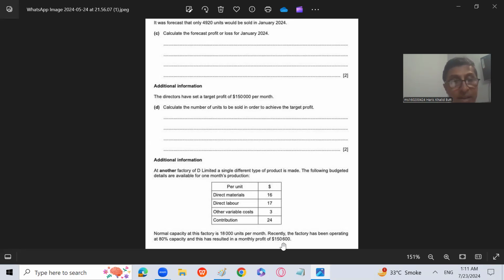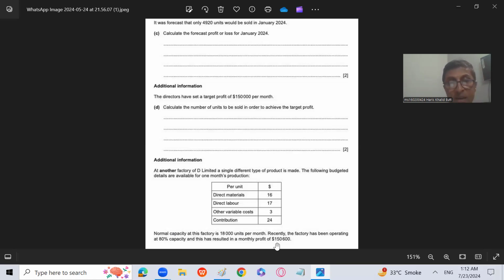So it means that profit has been given, and it has been also said that the normal capacity is 18,000 units per month. And recently, the factory has been operating at 80% capacity. Means that if the normal capacity is 18,000 units, we are basically currently selling units which are 80% of the factory capacity, normal capacity. 18,000 into 80%, we will get 14,400 units.